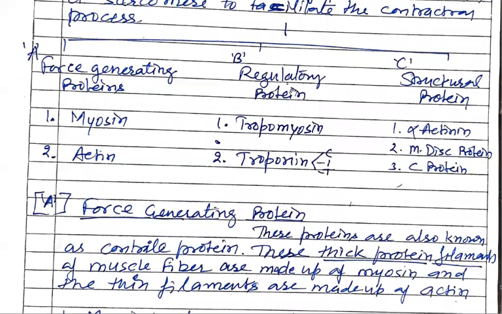Second, tropomyosin and troponin are the regulatory proteins. The third type are the structural proteins, which make up some structural part of the sarcomere. The first is alpha actinin, the second is M disc protein, and the third is C protein.